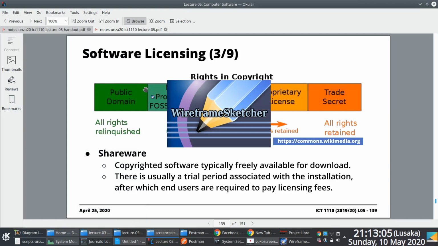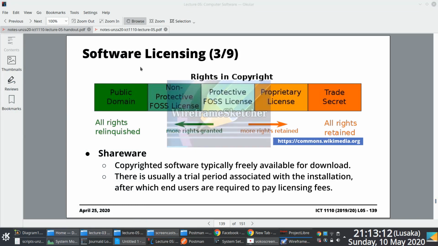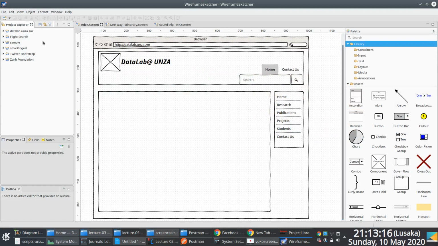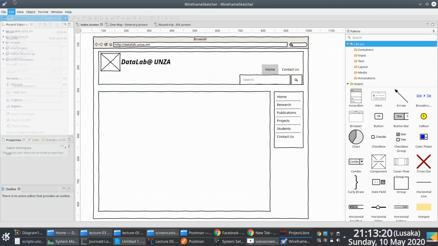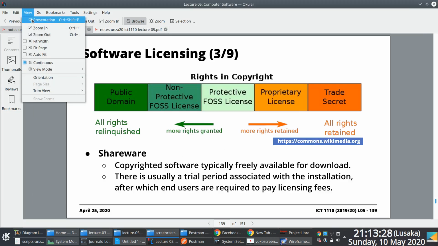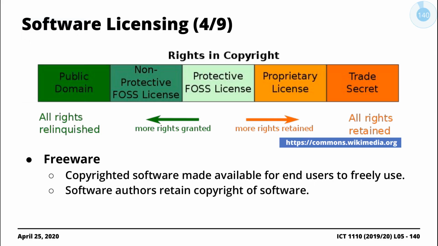And I only had, I think, about a month to try to actually play around with this piece of software, after which I could still use this piece of software, but the output that I was exporting had a watermark. Not a watermark, actually. I probably would not be able to export this or something. But anyway, bottom line here is that you typically have a trial associated with these types of software tools.